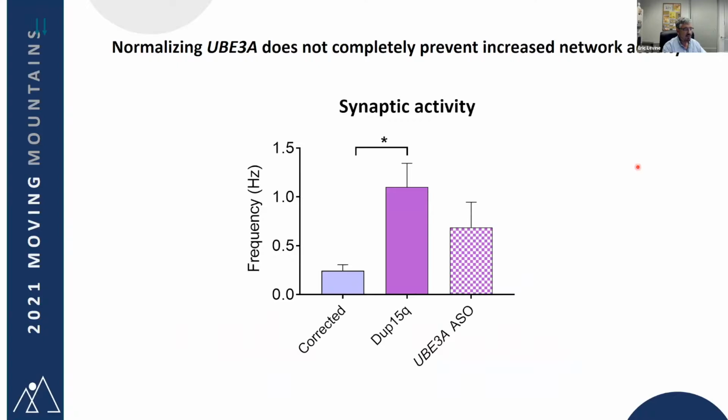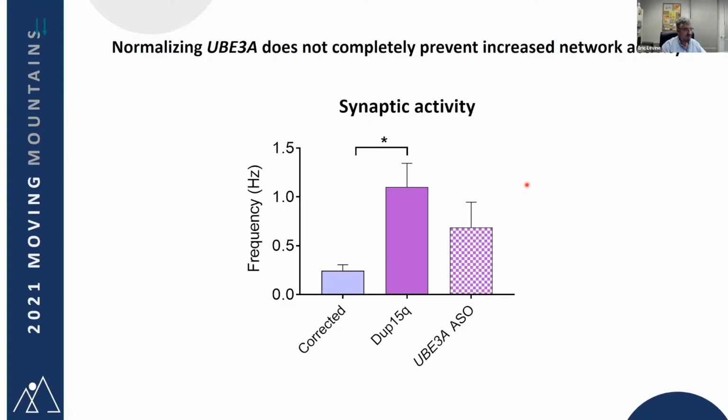Interestingly, however, we got a slightly different result when we looked at the network synaptic activity. When we look at network synaptic activity, the UBE3A ASO does cause a reduction in the frequency. So it's not as elevated as it is in the Dup neurons, but it's also not back down to baseline levels as it is in the corrected neurons. So this suggests that UBE3A is required in part for this phenotype, but provides some evidence that there may be other things that are contributing to this increase in network activity as well.